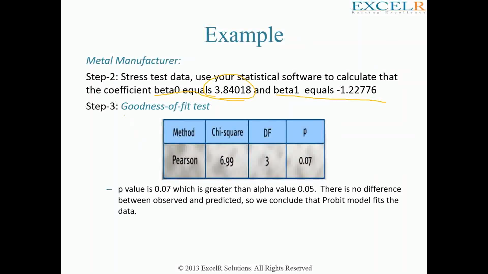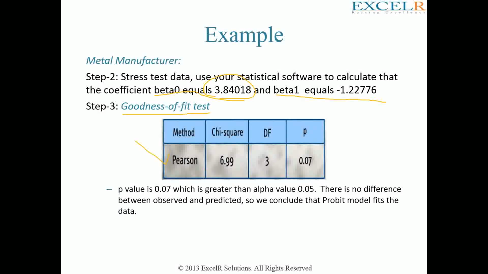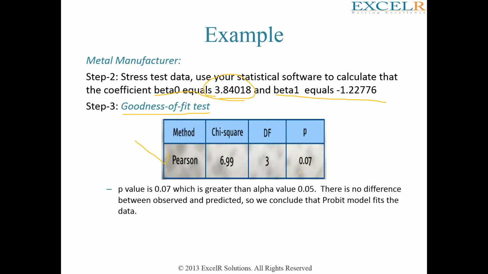Once again, for the goodness of fit test, you use Pearson, right? All you should be interested in is your p-value. Here the p-value is greater than alpha, alpha value being 0.05. P high, obviously null fly. What does the null say? There is no difference between observed and predicted values. So we conclude that the Probit model fits the data well.